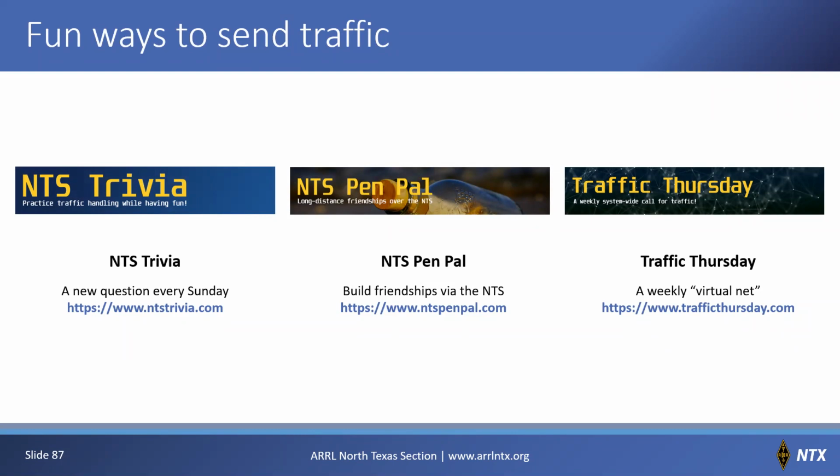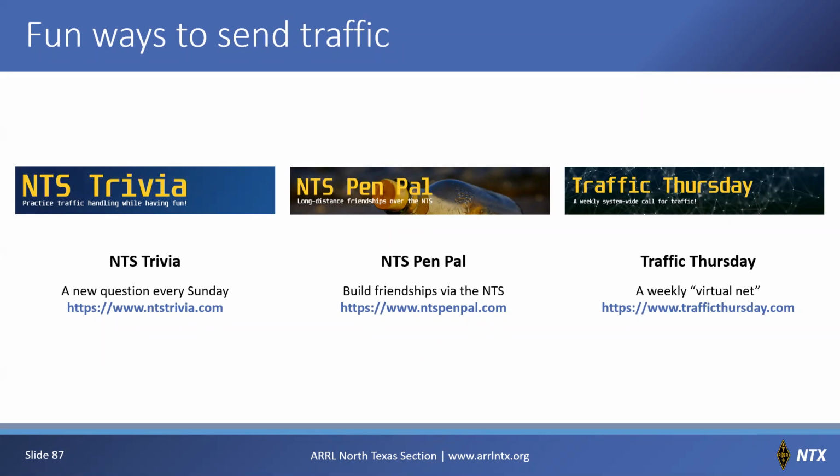And the last one is one that I started a couple of months ago, Traffic Thursday, kind of borrowing from Winlink Wednesday, where folks would fill out the Winlink check-in form each Wednesday to check into that virtual net. I did the same thing with radiogram-based traffic. Again, 0 hours, Coordinated Universal Time. It's as simple as just sending me a piece of traffic. I do have an optional question of the week.